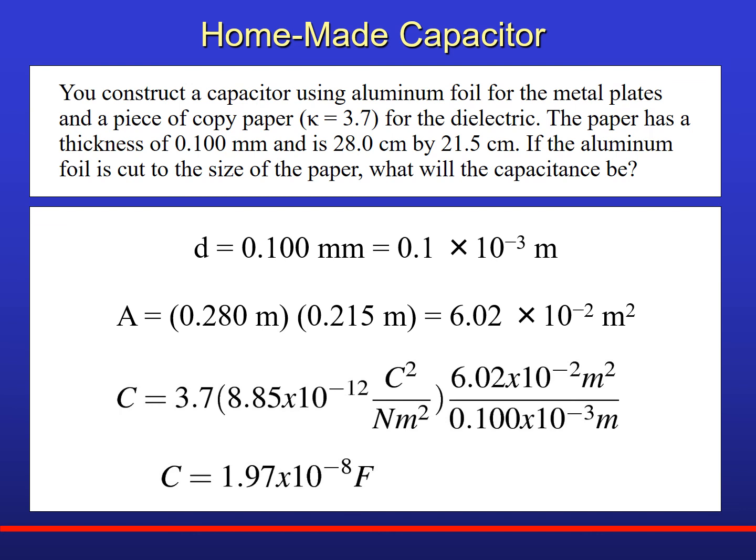Nobody's going to remember how to convert the unit. But we're calculating capacitance. The unit is farad, capital F. So I've converted the milli, I've converted the centi. I know I've got the right unit, so the answer has to be farad. Capacitance 1.97 times 10 to the minus 8 farad.